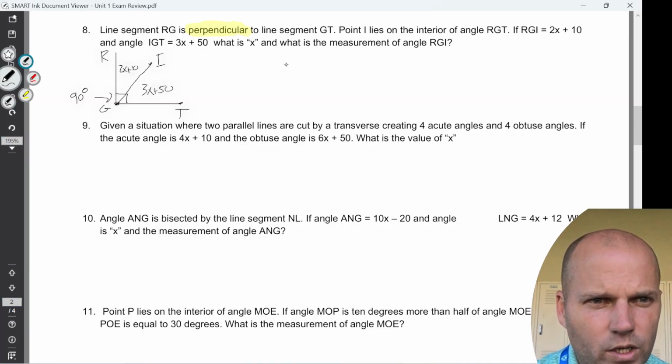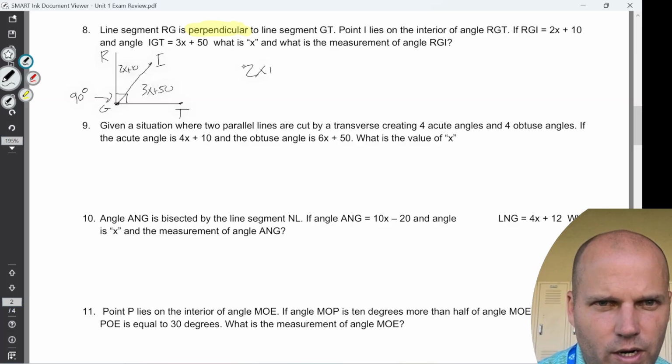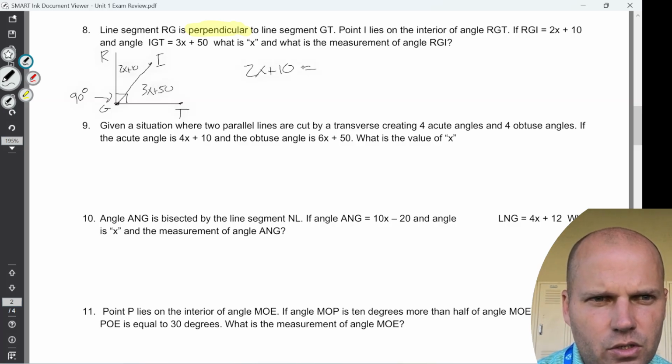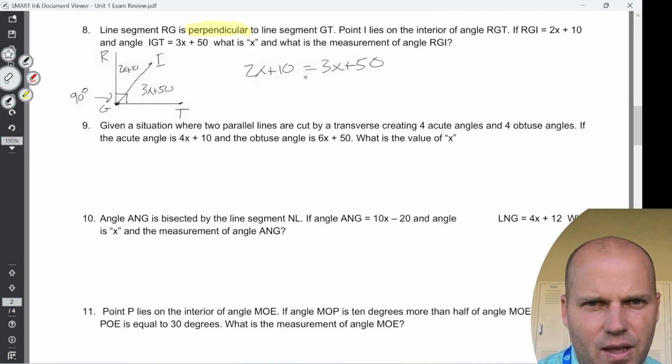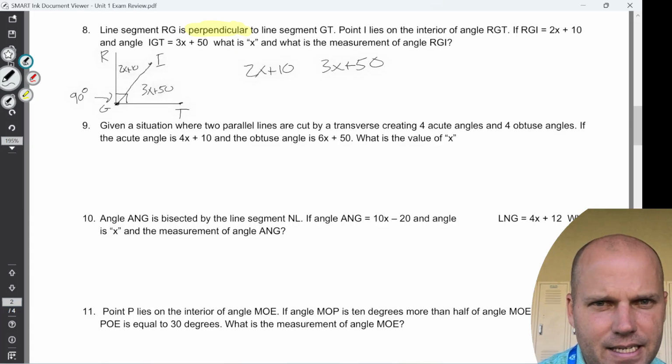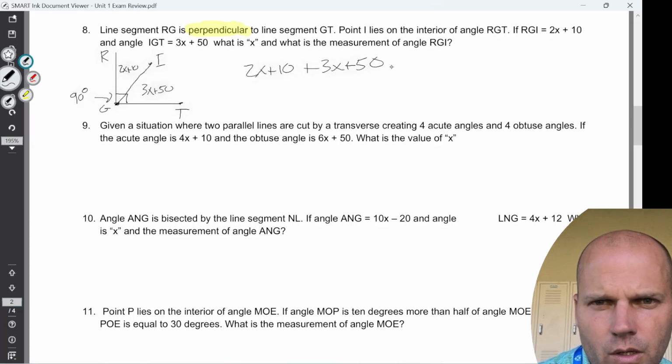Okay, well, what do we know? RGI plus IGT equals 90 degrees. That's what I'm going to use. We can't assume that those two are equal to each other, so we will add them and set them equal to 90 degrees. So we'll get 5x plus 60 equals 90.